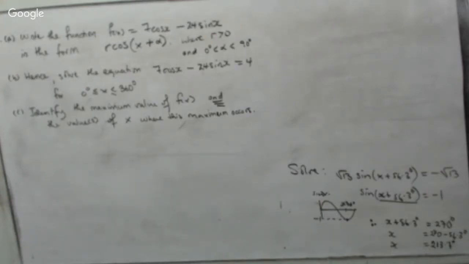If you don't use the result, you may surely die. If they say hence or otherwise, then you may use the result if you feel like it. But typically, hence or otherwise means you're best served using the previous result, but you can always find another method if you feel so compelled.